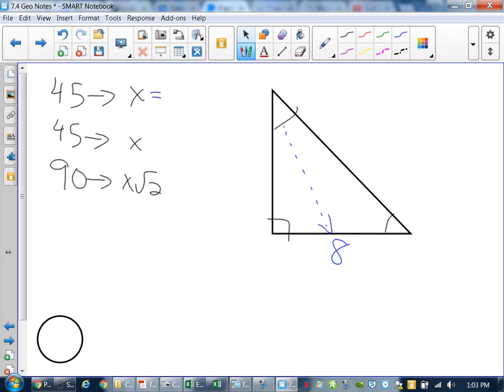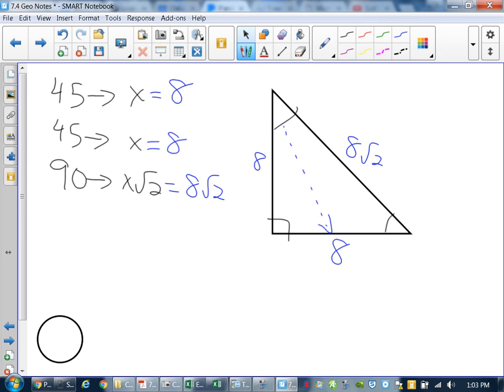And in this case, that value of x equals 8. Which means everywhere I see an x, I put 8, and I get the following. That's it. It's a matter of understanding which side length you know. If you can figure that out, you know everything else.